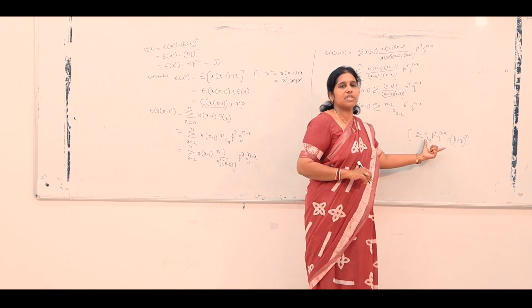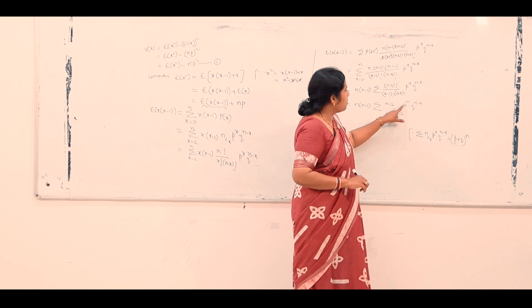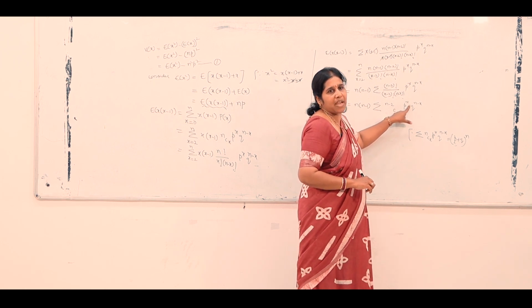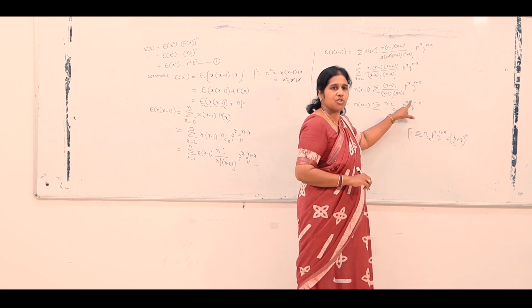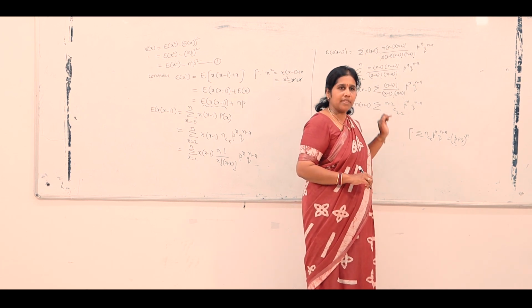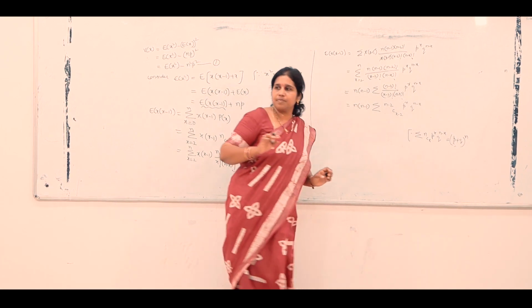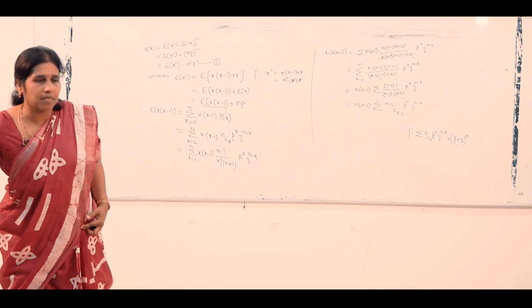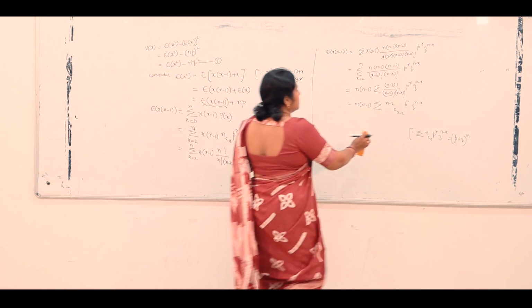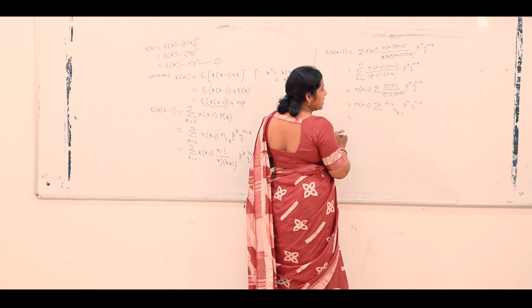And if you want to use this formula, you have x minus 2, so p power should also be x minus 2. So in the denominator you should have p square. To get the p square, I'll multiply and divide with p square.